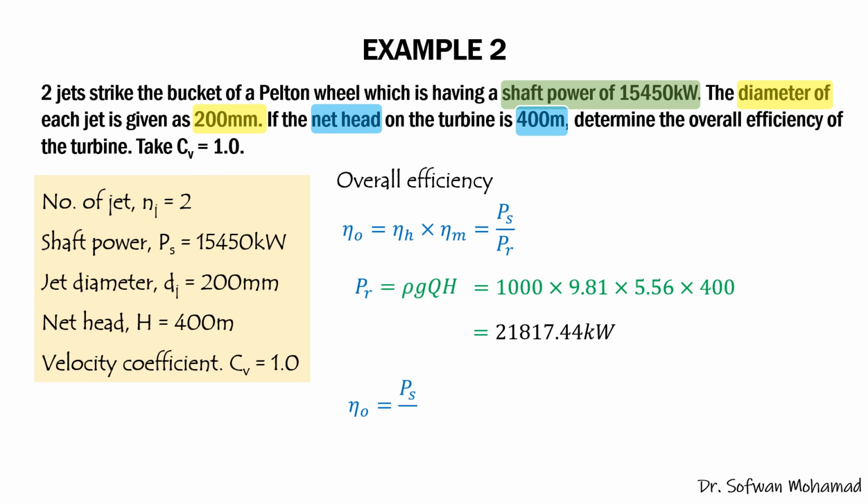And the overall efficiency will be the power at the shaft, which is 15,450 kilowatt, divided by 21,817.44 kilowatts, equal to 0.708, or in terms of percentage, it's equal to 70.8%.